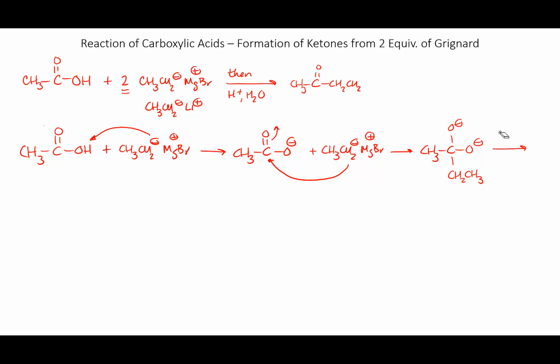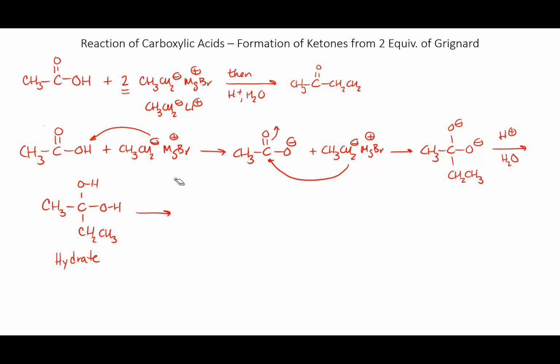We're just waiting to put in H plus and H2O, and when we do that, we're going to go ahead and protonate both oxygens to make that molecule, which is, remember, called the hydrate.